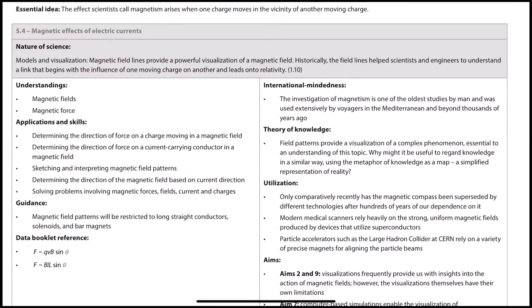5.4 is magnetic effects of electric currents. The content, what students need to know, is understanding. So that is magnetic fields and magnetic force in this case. What do students need to do? That's applications and skills.